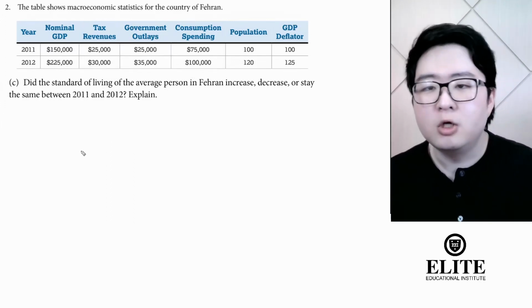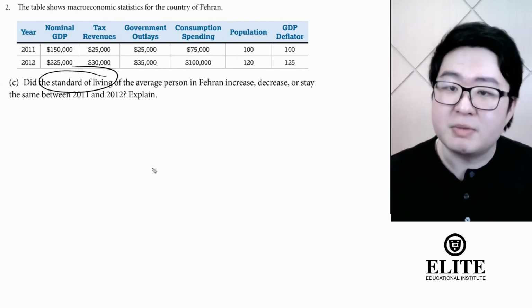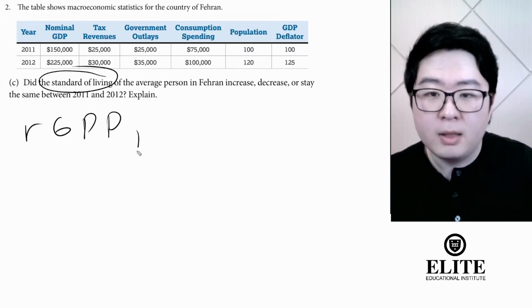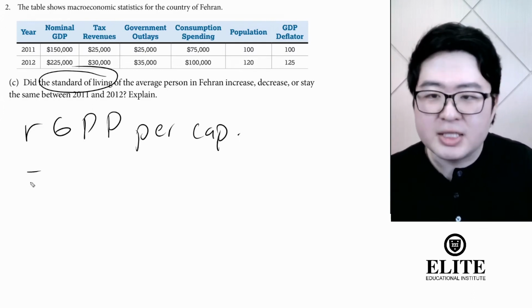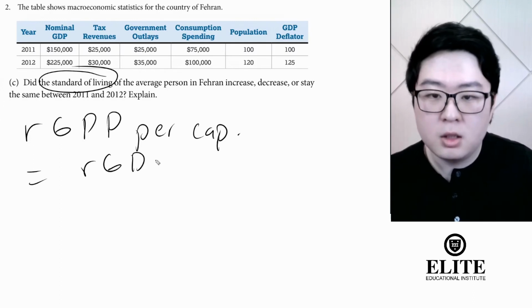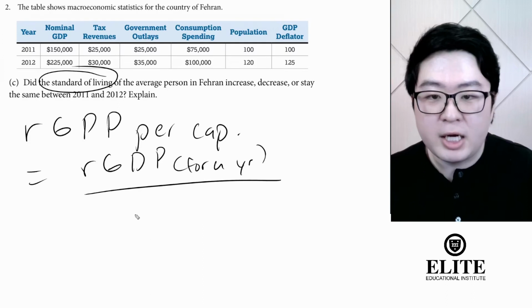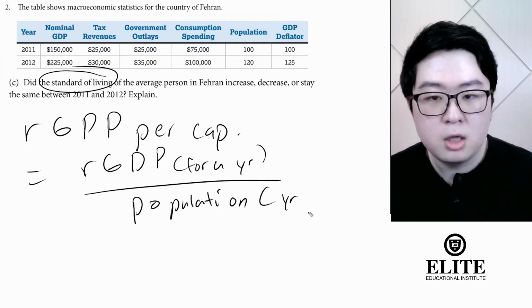No. You have to know that for the AP macro exam, standard of living means something very specific. And that's just going to be the real GDP per capita, right? And all that is just the real GDP for a certain year divided by population in that year, right?